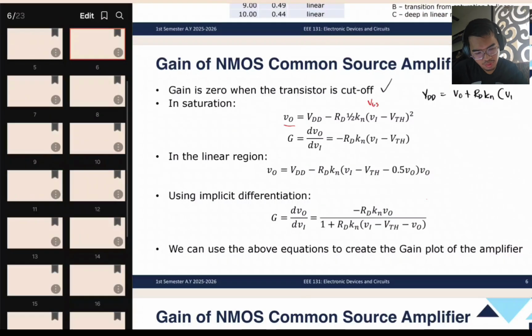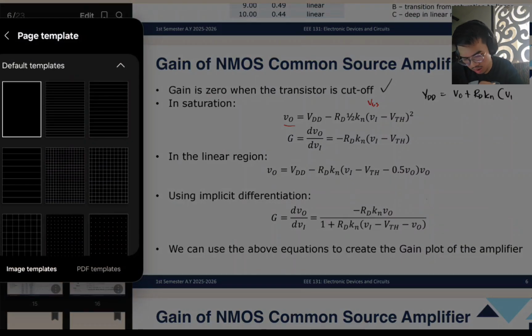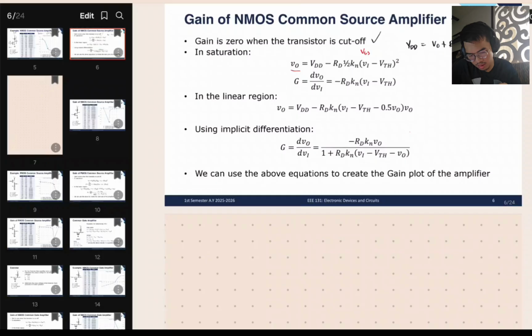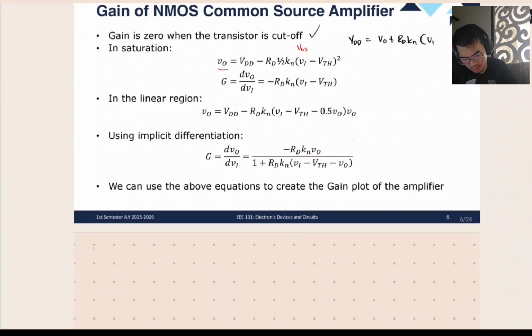I think it's better if we have another page so it's cleaner. All right, so sorry for that. So we have here VDD is equal to V out plus RD KN times VI minus VTH minus 0.5 VO, times VO.